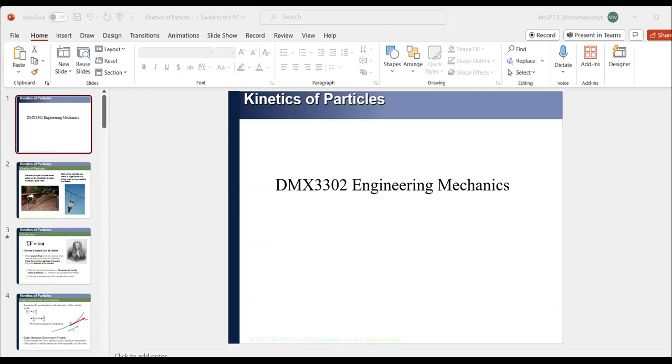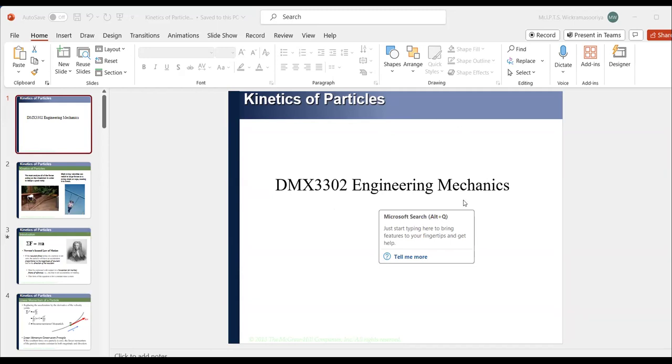As I told you earlier, in this subject we are mainly going to focus on how things move, what causes the motion, and how we can control the motion as we want. These things will come up in the later years.